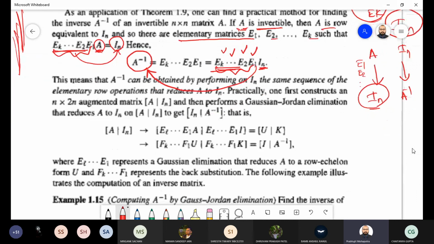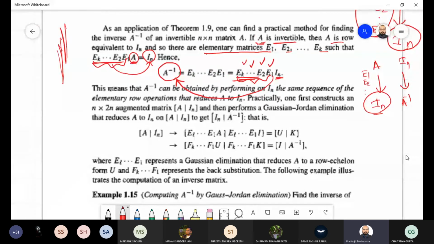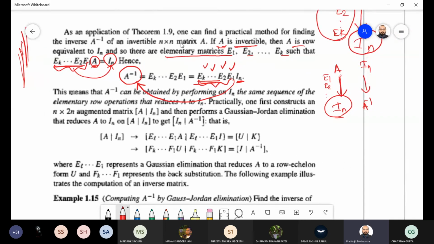So that implies we can find the inverse of any square matrix by doing those operations. So if someone has given us the matrix A, and has asked us to find A inverse, then we keep track of both sides.